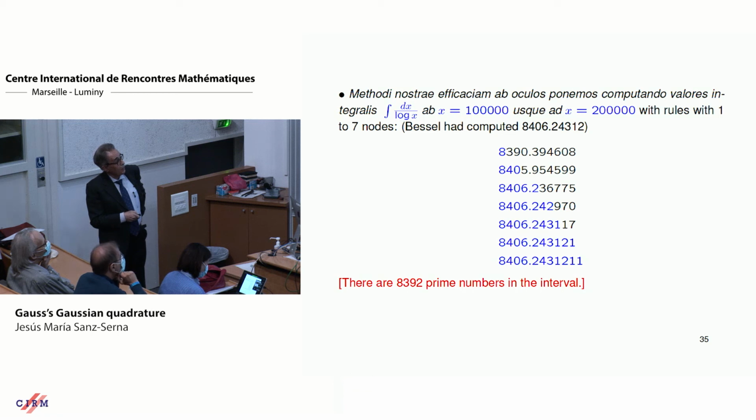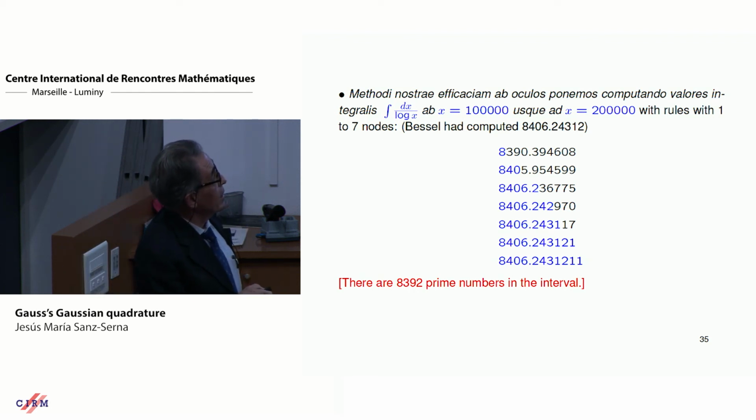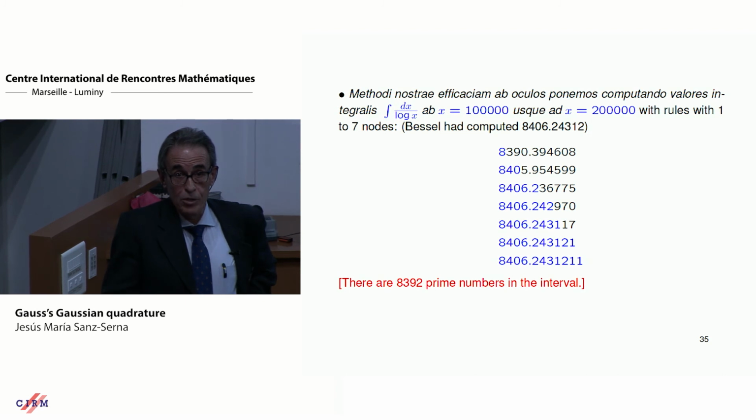And I've written in blue the digits that are kept fixed as you advance. So one sees very quickly that there's this very fast convergence, and then you have really 1, 2, 3, 4, 5, 7 decimal places that are correct by using the highest. Of course, this integral must have been of interest to Gauss in connection with the prime number theorem.